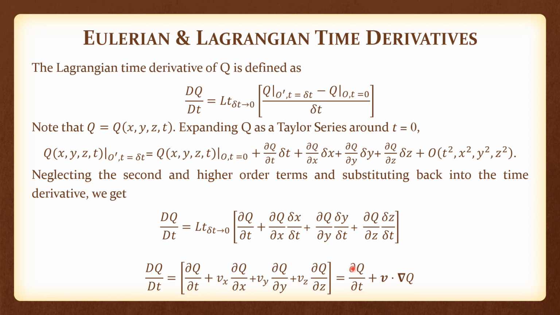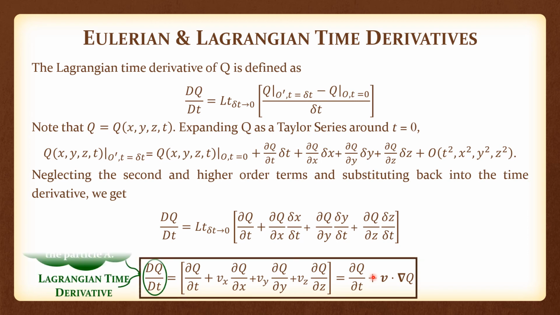That is my Eulerian perspective. And the Lagrangian time derivative is evaluated for a particle, irrespective of which point that particle is in. So the relationship between these two is captured additionally by this term v dot del q.